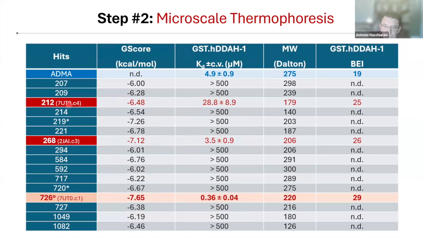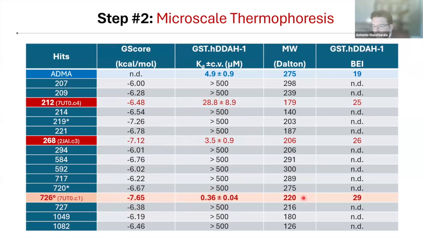Of note, each of these compounds matches the G-score of -6 kilocalories per mole in 3 different conformations of the enzyme.